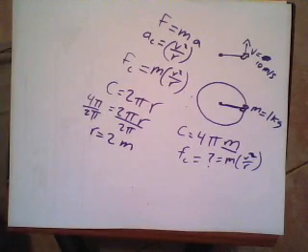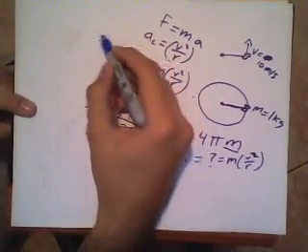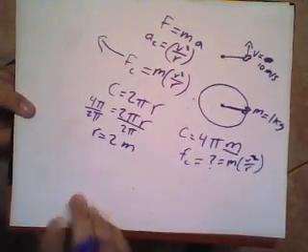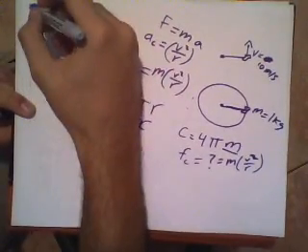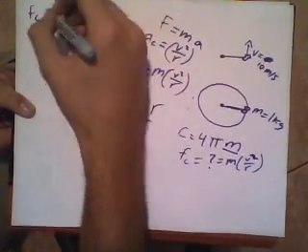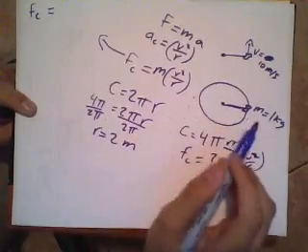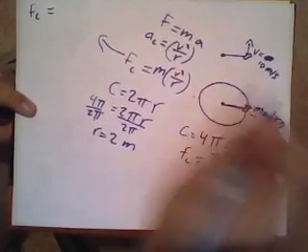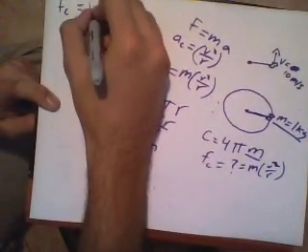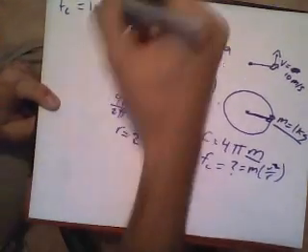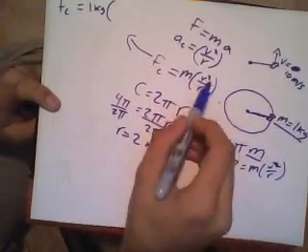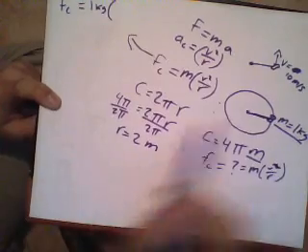Alright. So, now that we have all the information we need, let's plug in. Fc equals mass, which is given, 1 kilogram, times v squared, which is also given.